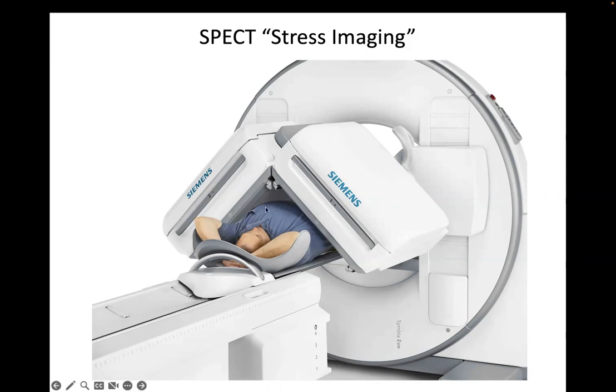So this person's lying there, and they're going to lie there for anywhere from 5 minutes to half an hour, and these gamma rays will come out of their body and get detected by this detector. Usually you leave the detector in one angular configuration for a finite period of time, let's say 30 seconds, a minute, and you get that view, and then the whole thing clicks around and you get another view. And so you add up your views that way.